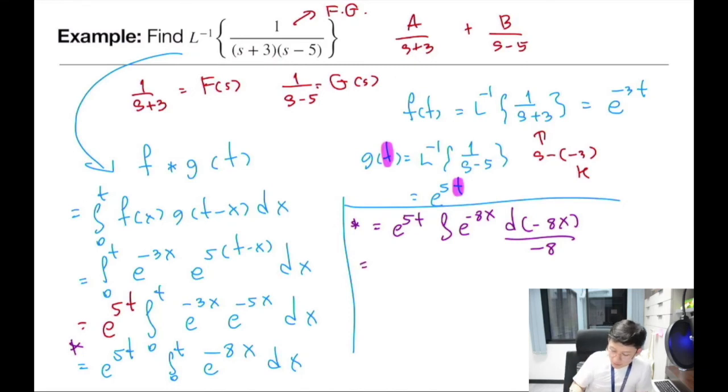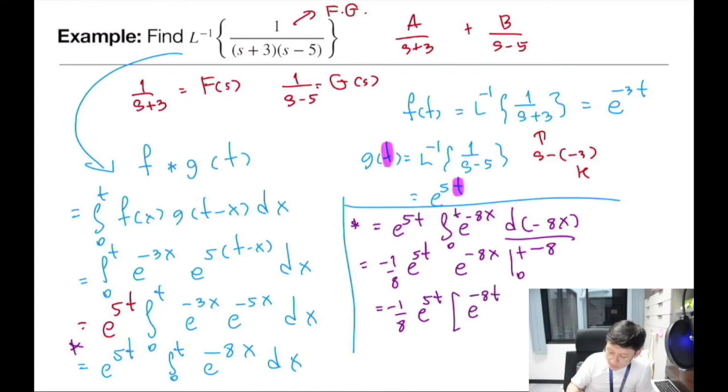Okay, so you get minus 1 over 8 e to the 5t, and then e to the minus 8x from 0 to t. So you get minus 1 over 8 e to the 5t, and then you substitute with t, you get e to the minus 8t minus 1.